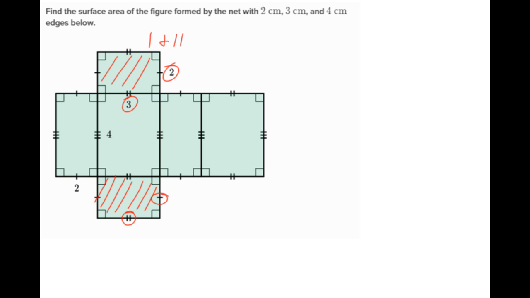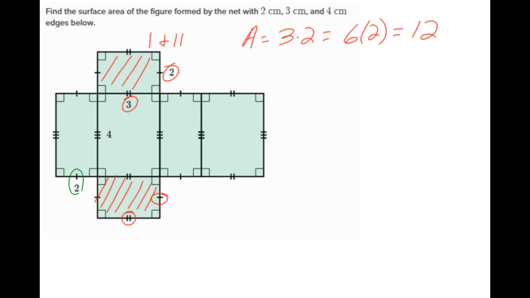As I look at the other rectangles, they aren't the same. So my area is going to equal 3 times 2, which is 6. And remember, I have 2 of them, so that's going to give me 12. Then I look at another one, and we'll use green on green.